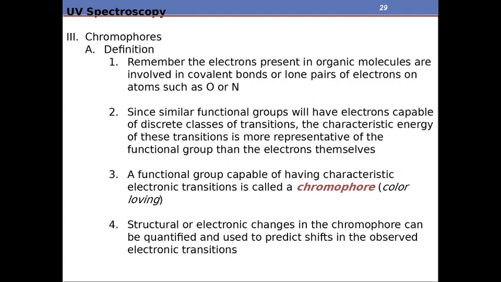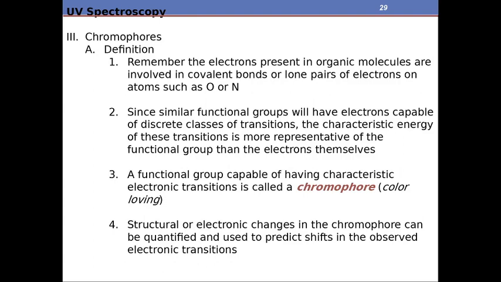So that is the reason why we use electronic spectroscopy in order to elucidate the structure of functional groups and molecules, any molecule. So any functional group that is capable of having a characteristic electronic transition, characteristic in the sense, the functional group that is capable of undergoing electronic transitions between well-defined discrete molecular orbitals is called a chromophore.